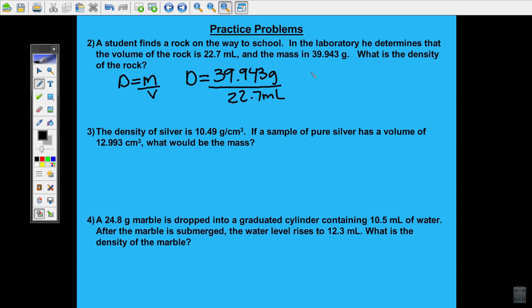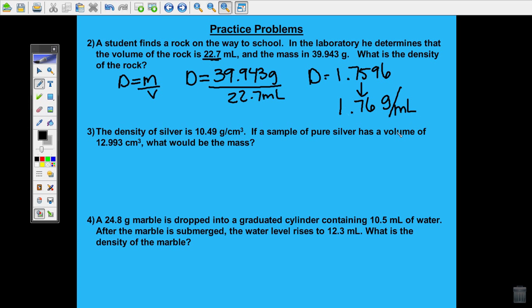Just going to divide, and when I do, I get 1.7596. And I need 3 significant figures because I'm looking at least number of significant figures, so 1.76 grams per milliliter.